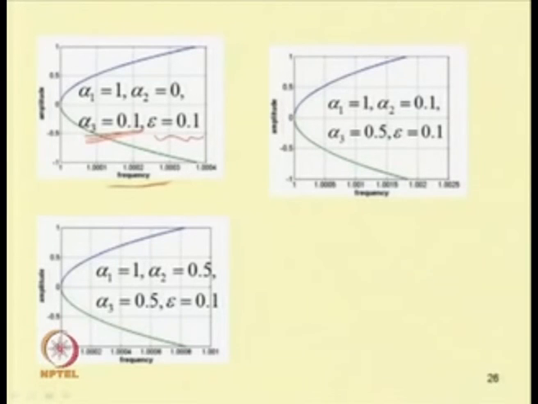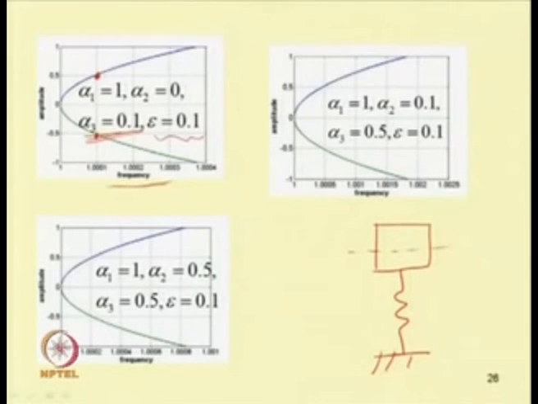For a particular frequency, for example 1.0001, the amplitude will be either this or this. That means, in the case of a spring with cubic nonlinearity.